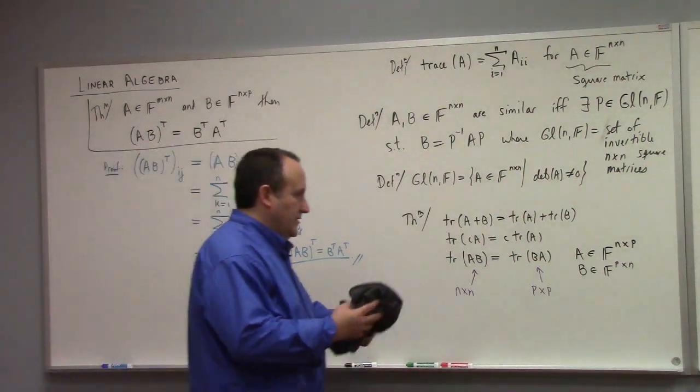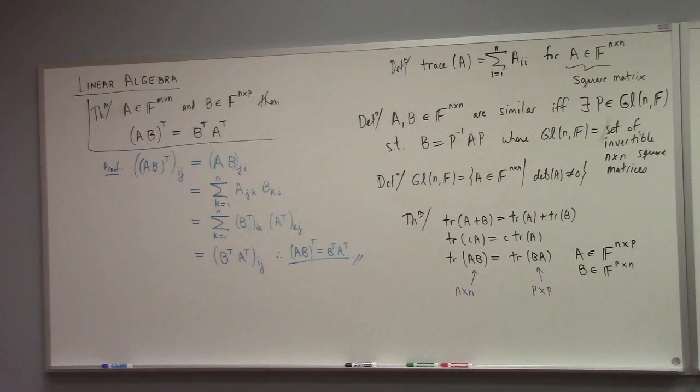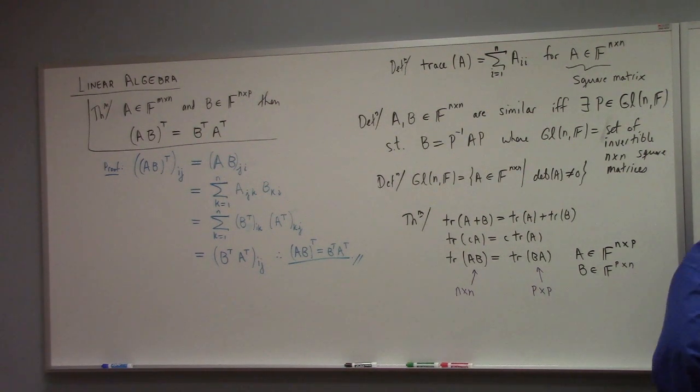What does GL stand for? General linear group. So GL_n(F), the general linear group.